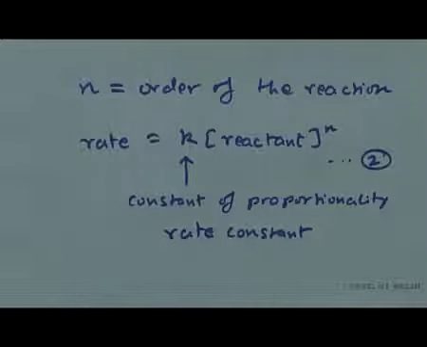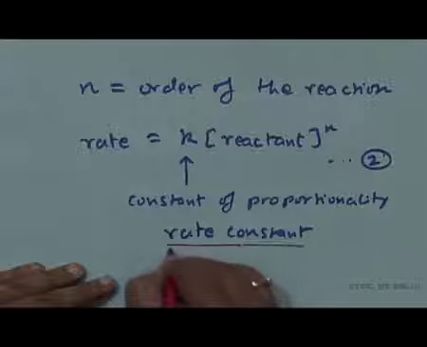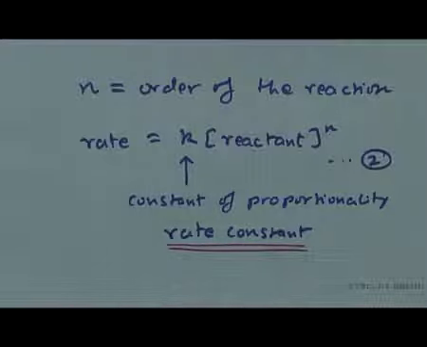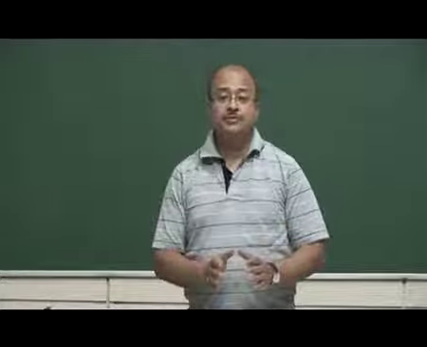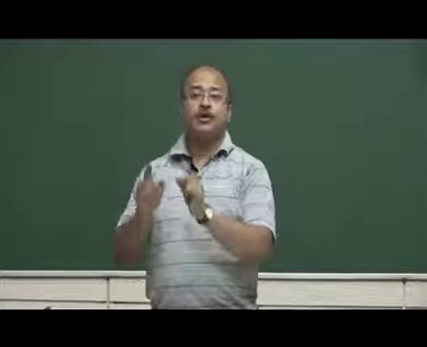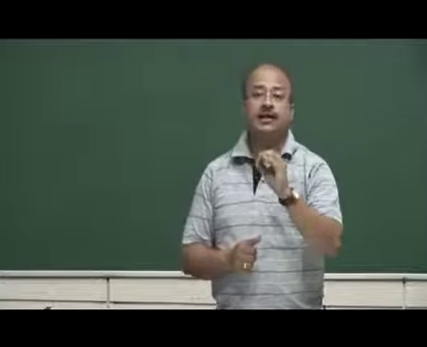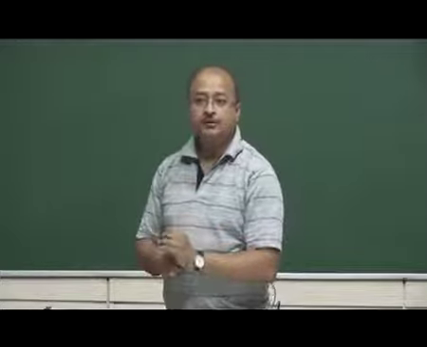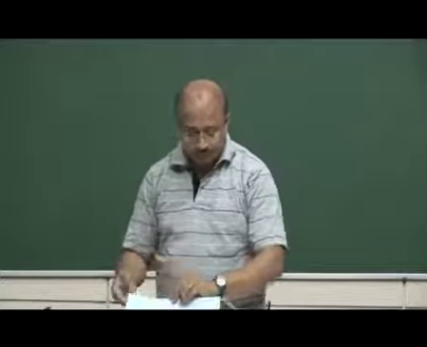Again, this is a very important term in chemical kinetics, which is the rate constant. So, what is then rate equal to? Rate is equal to the rate constant k times the concentration of the reactant raised to the power n, which is the order, which tells us the exact nature of the variation of the reaction rate as a function of the concentration of the reactant. Okay.